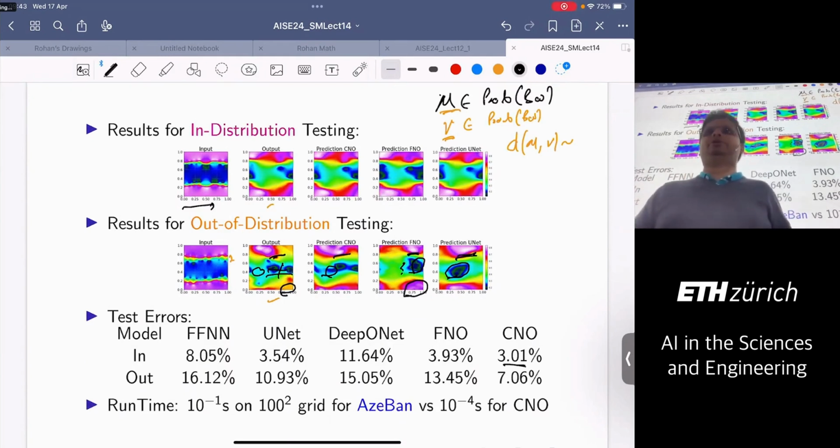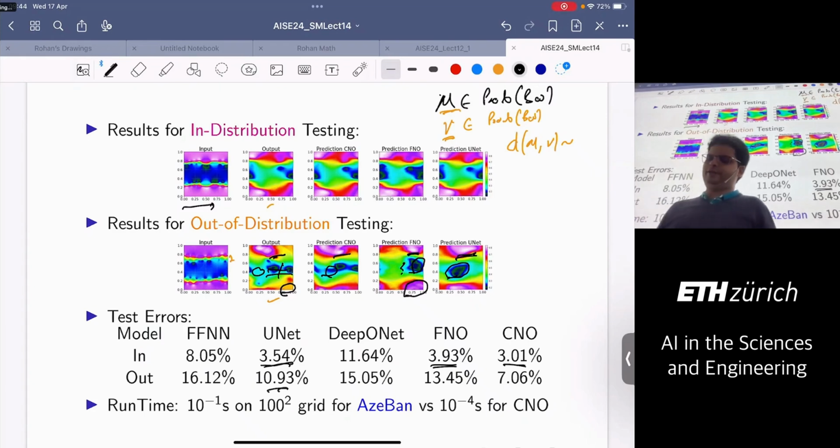The error was only doubled, which is roughly along expected lines, because the distance between measures was like 50%, so you would expect that the error would be doubled. But for FNO, the error was increased by roughly a factor of 3, right? And UNet also, it was increased roughly by a factor of 3. DeepONet was anyway doing very poorly in the previous regime, and it kept on doing poorly in this regime.